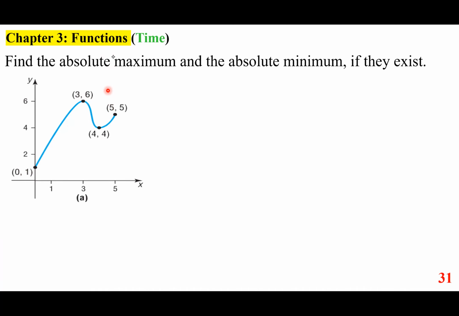So absolute max equals the y coordinate of this point, which is 6 at 3, 6. Absolute min, this point, there is no other point having a smaller y coordinate. So absolute minimum equals the y coordinate of that, which is 1 at 0, 1.